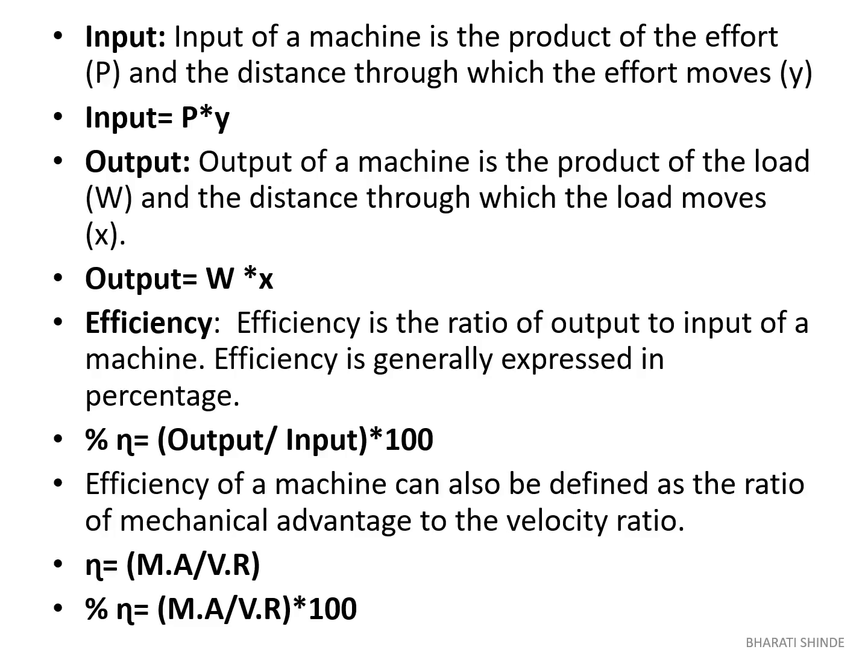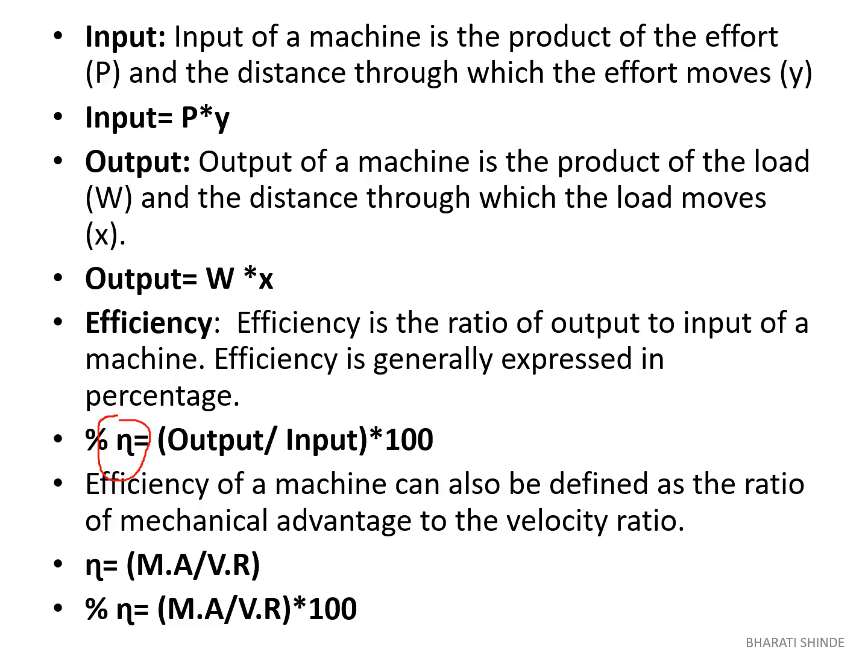Next, efficiency. So efficiency is a ratio of output to the input of a machine. And efficiency is generally expressed in percentage. So percentage efficiency, this is the symbol for efficiency.